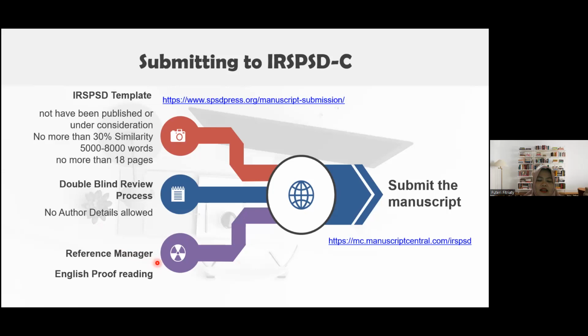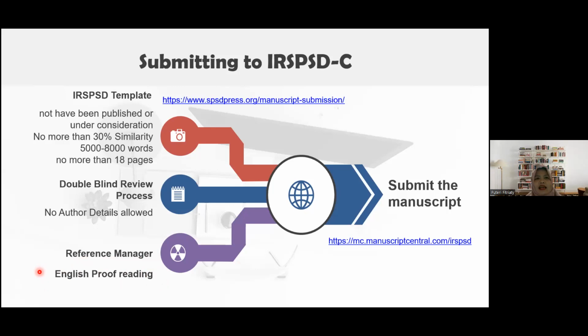After that, your paper should use a reference manager. And please do an English proofreading. After you send your paper for English proofreading, please provide the certificate of your English proofreading, so we know this paper is already proofread.